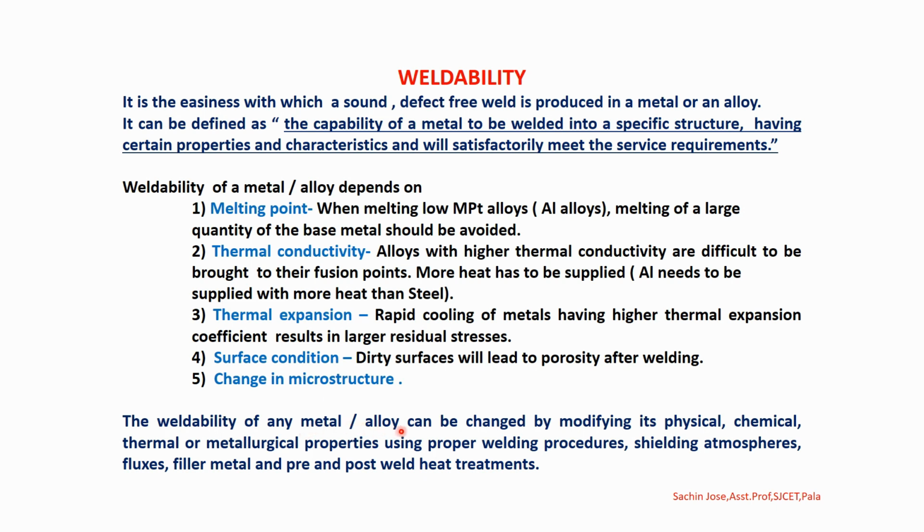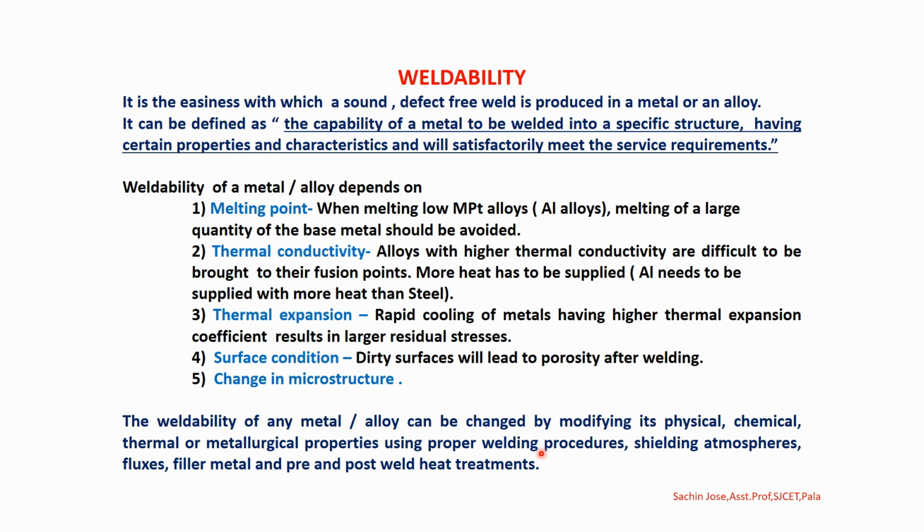Then the weldability of a metal can be changed by modifying its physical, chemical, thermal, or metallurgical properties using proper welding procedures, shielding atmospheres, fluxes, filler metal, and pre and post weld heat treatments. Welding procedures: two metal joints, how do you weld them together? There are certain requirements. You cannot just simply put two metals together and weld them.